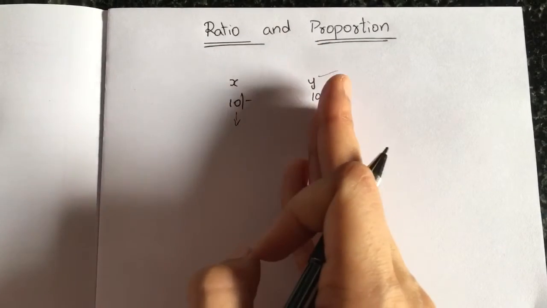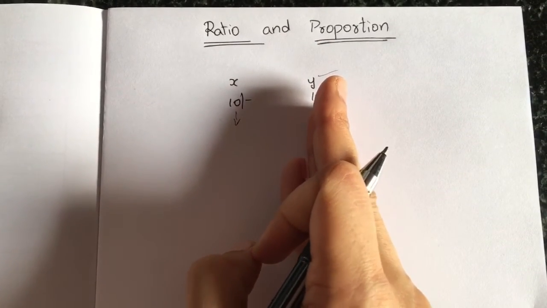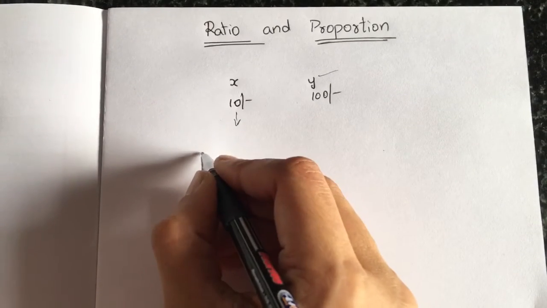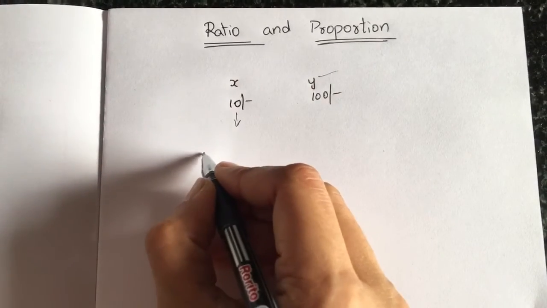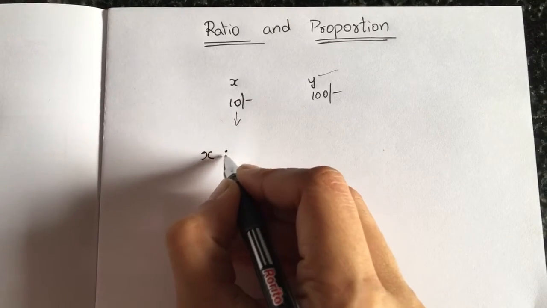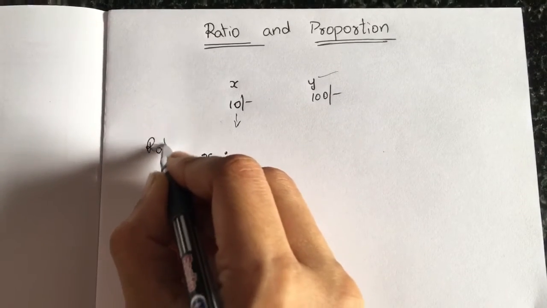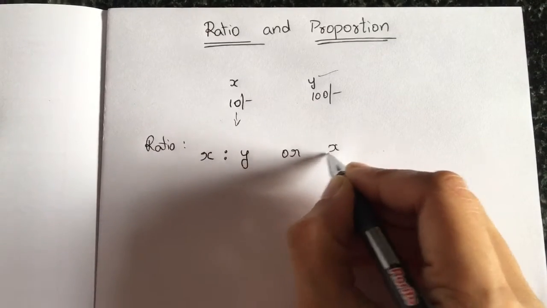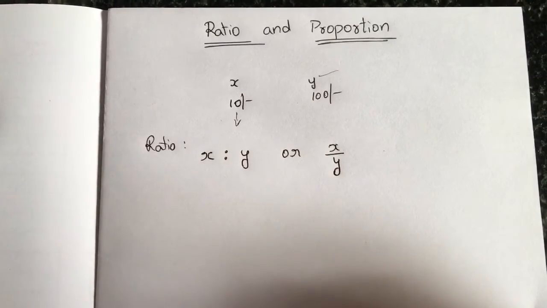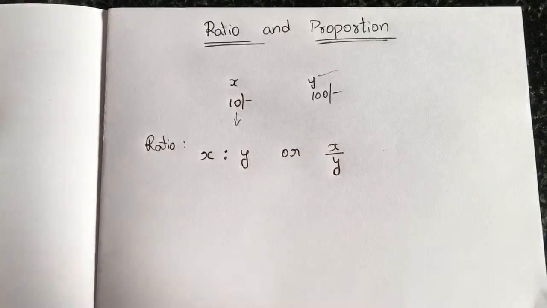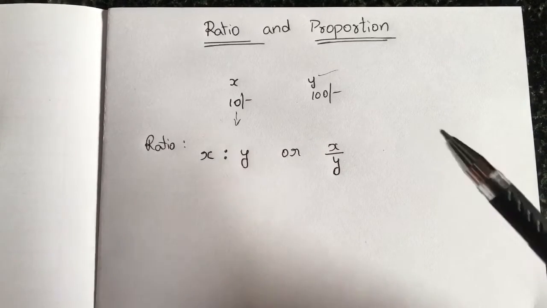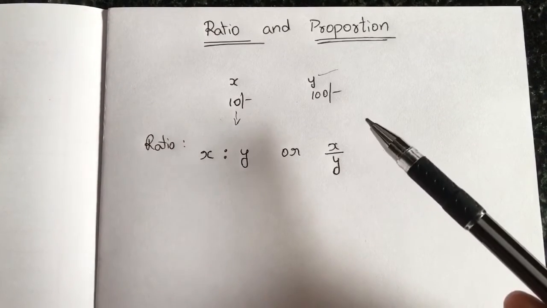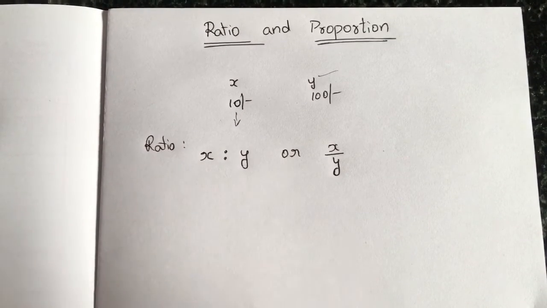Ratio of two quantities, suppose I have two quantities X and Y, is denoted by X is to Y, or you can even write it like a fraction, X by Y. Ratio of two quantities is the number of times one quantity contains another quantity of the same kind.